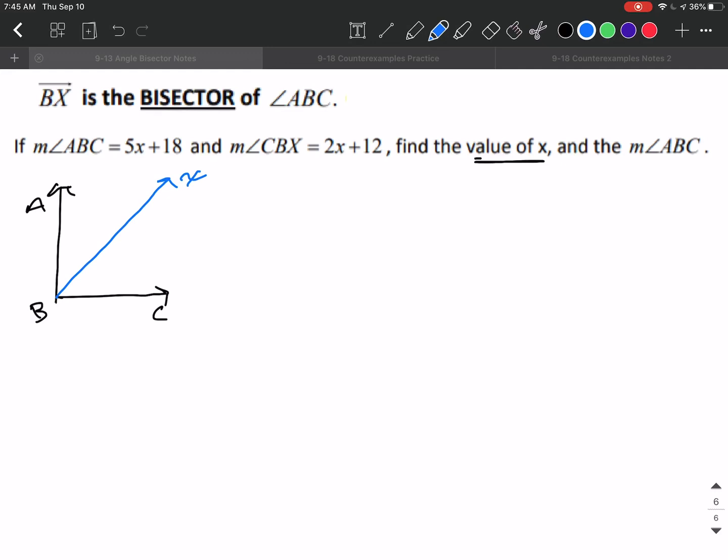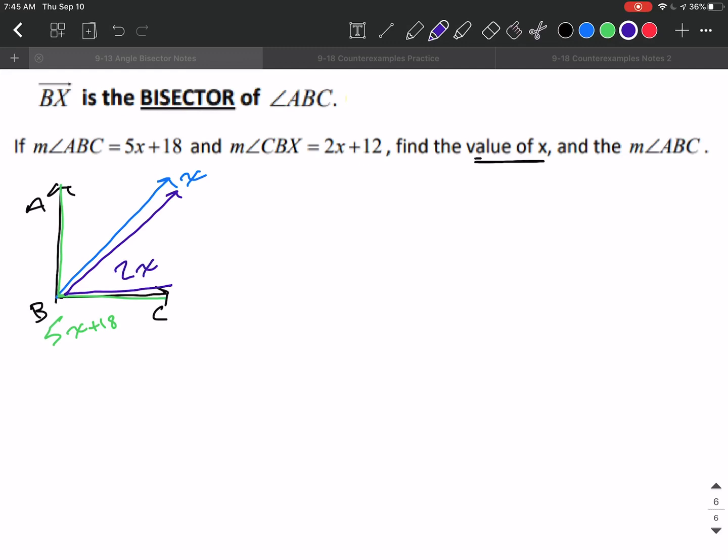So now, if the measure of ABC is 5x plus 18, so I know that ABC is 5x plus 18, and the measure of CBX is 2x plus 12. Find the value of x and the measure of ABC.